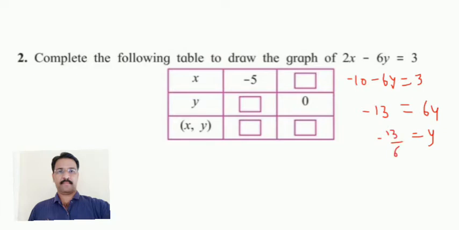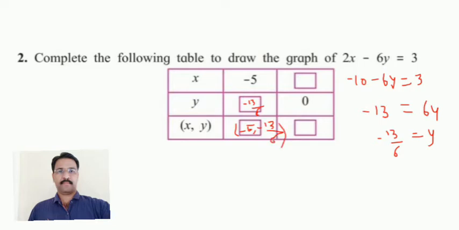Okay friends, now as usual we can write here minus 5 comma minus 13 upon 6. Write neatly, this is very important. Right, minus 13 upon 6, like this we can write.